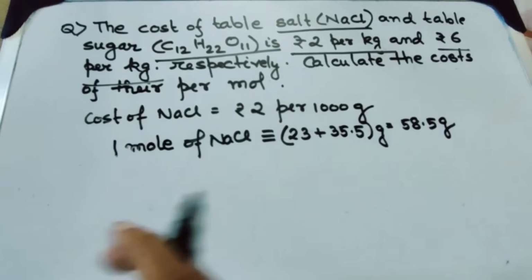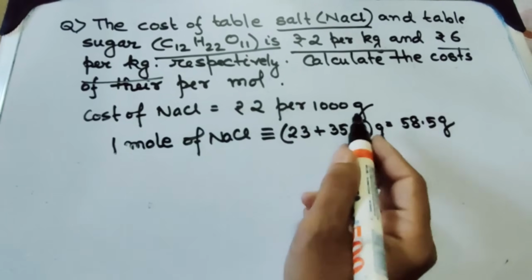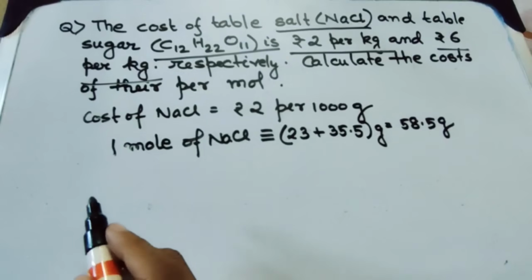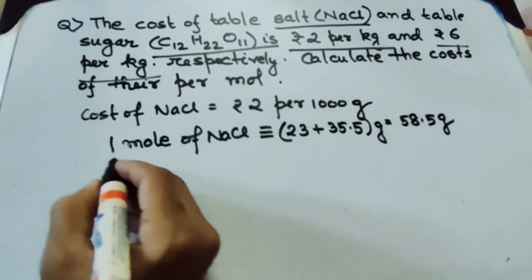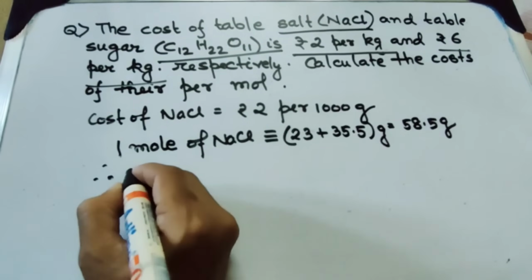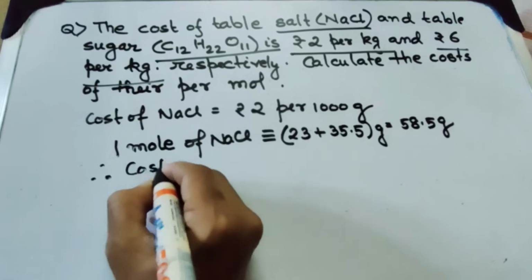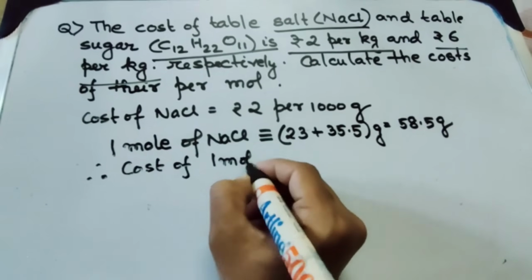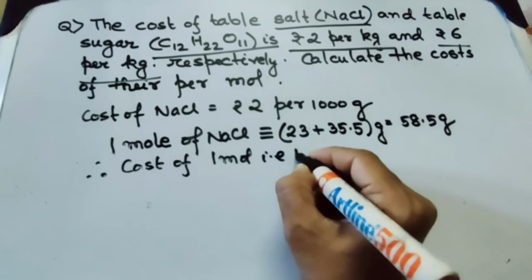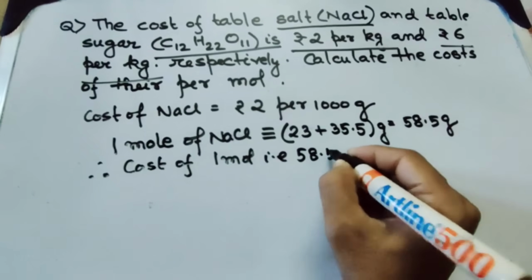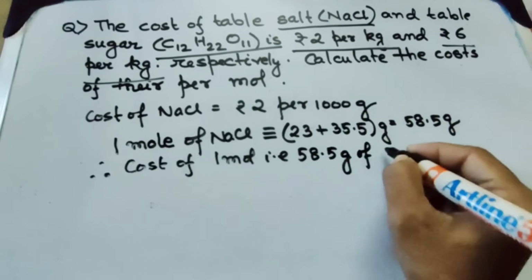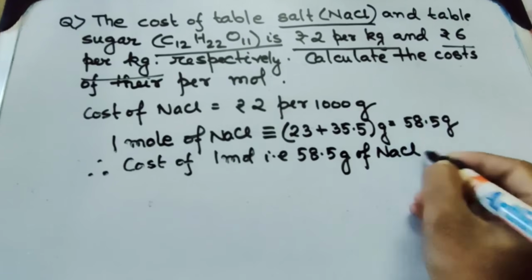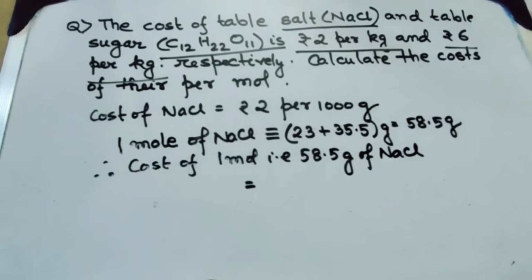So this is the data. The cost of 1000 gram of NaCl is rupees 2. So we'll find out the cost of 1 mole, that is 58.5 gram of NaCl, will be equal to how much?